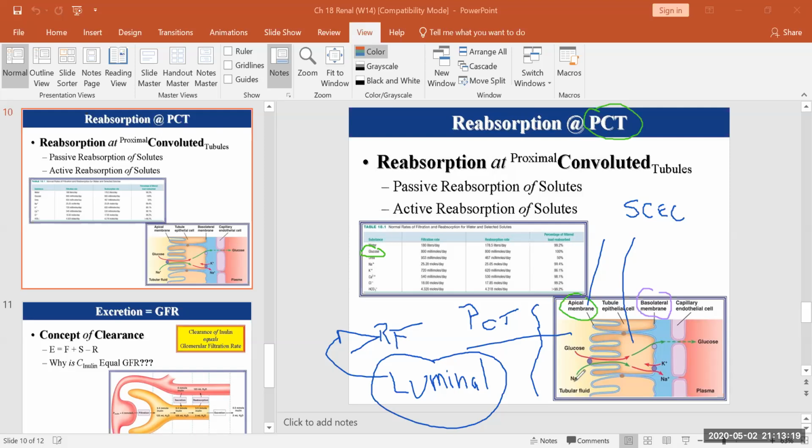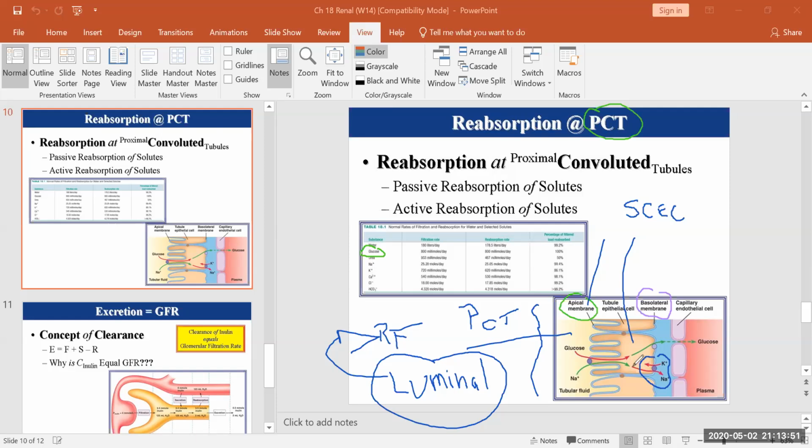Now, in order for sodium to get in, the sodium concentration gradient needs to be established, and that establishment is by the sodium potassium ATPase located at the basolateral membrane.